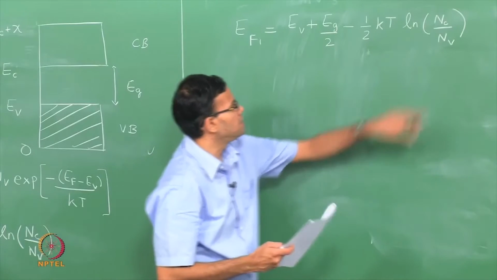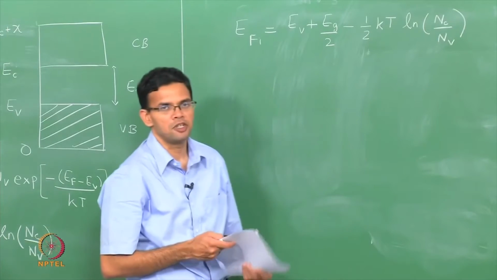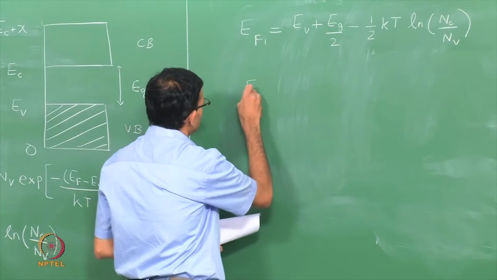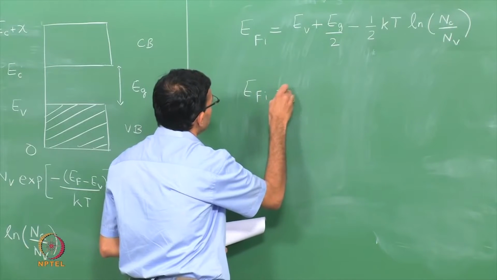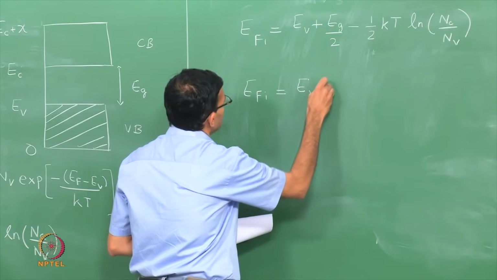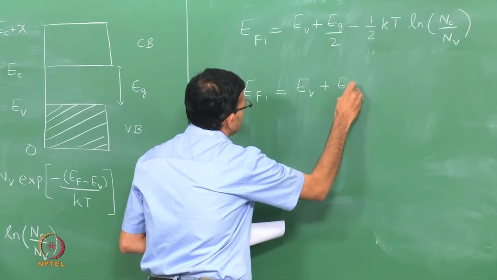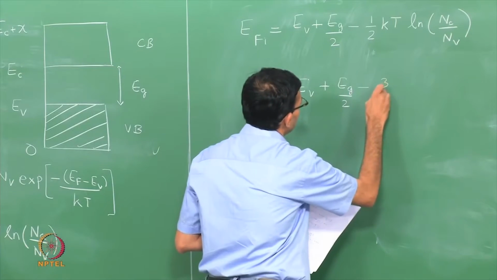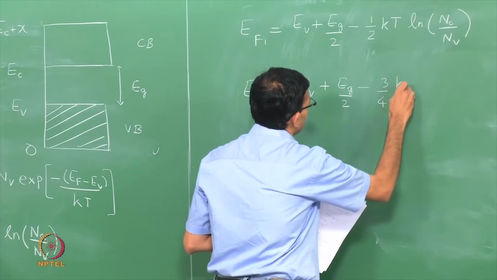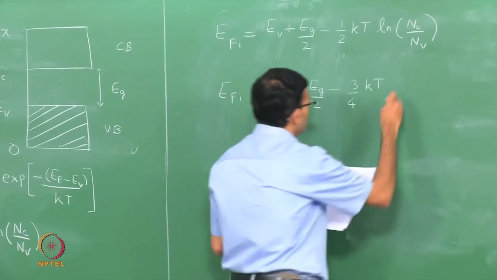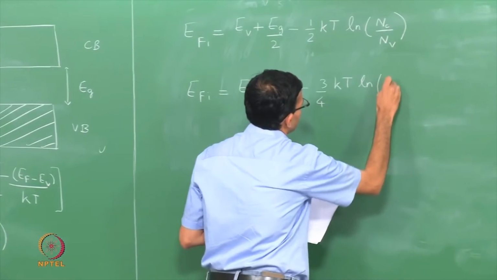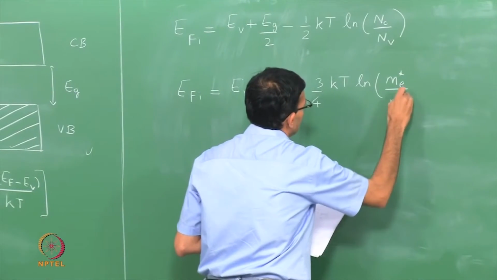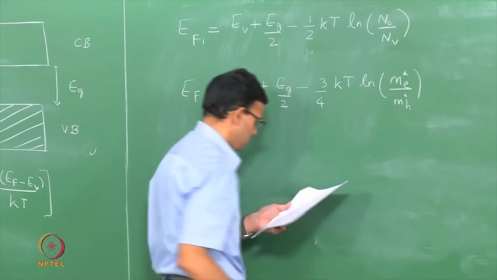So, instead of NC and NV, we can substitute the effective mass, then this expression will change as EFI is EV plus EG over 2 minus 3 by 4 KT ln of ME star over MH star.